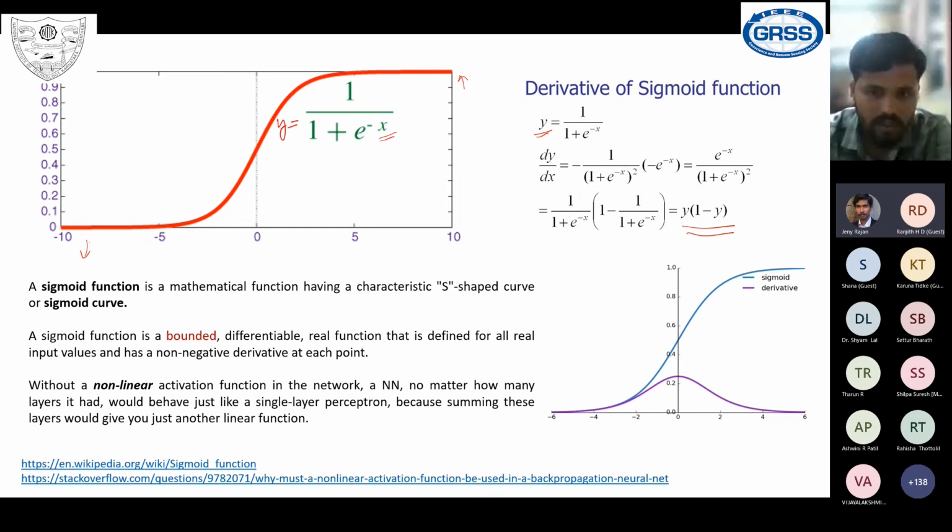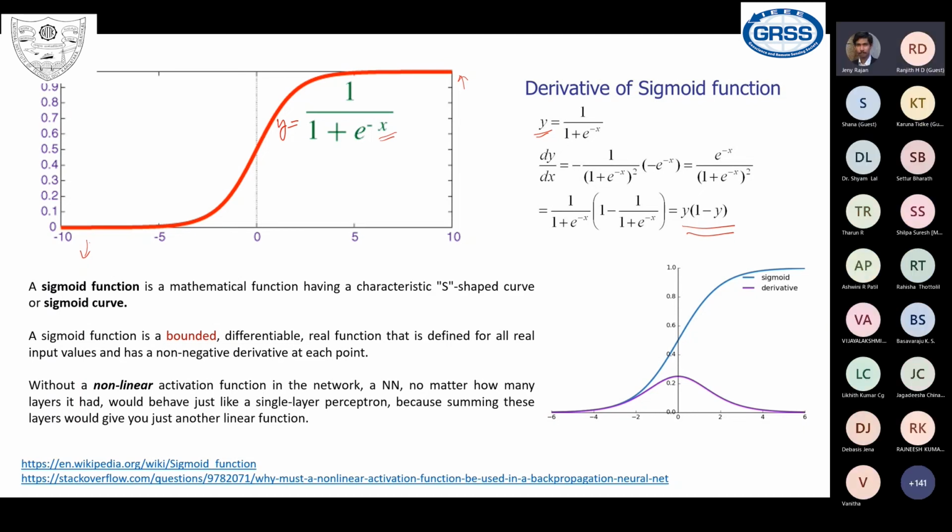So the output is bounded. That is very important. If you are going to do some kind of prediction with a linear activation function, then the output will not be bounded, right? If you are getting an output between minus infinity and infinity, it will be very difficult for you to map the output to some classes after training. Now assume that we are using a sigmoid function.